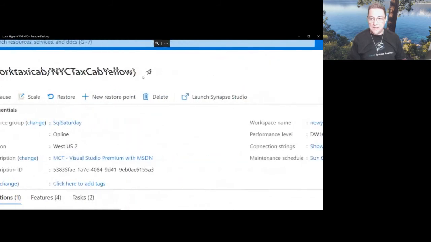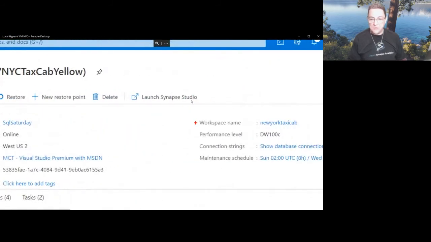On the right side, you see that this SQL pool is at the performance level DW100. It's the cheapest one, right? I'm being cheap here. I don't want to run out of my credits during the demonstration.